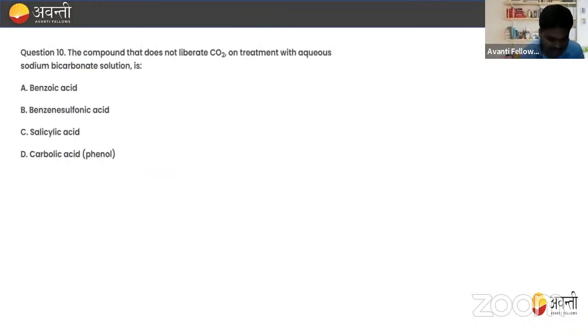Now, question number 10: the compound that does not liberate CO2 on treatment with aqueous sodium bicarbonate solution. So you have to identify the compound that does not liberate CO2. Aqueous NaHCO3 dissociates to give Na plus and HCO3 negative.